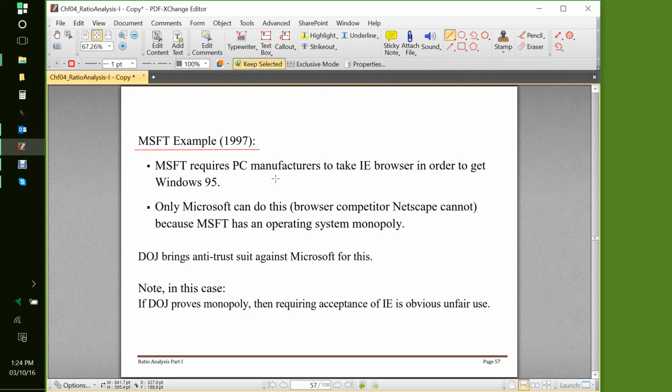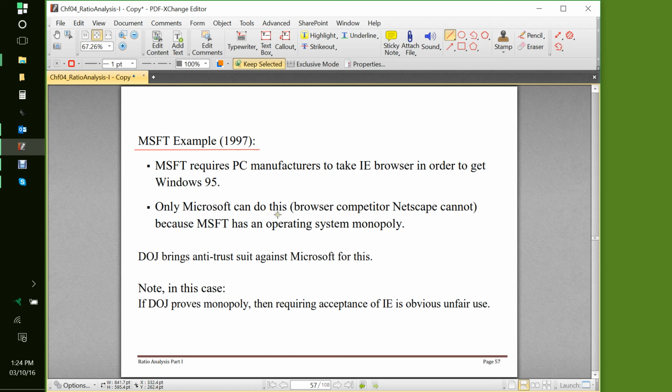And at the time, PCs were everywhere, very dominant, and very few folks had Apple PCs. Windows-based PCs were everywhere. Everyone wanted Windows, and of course they wanted the latest version.